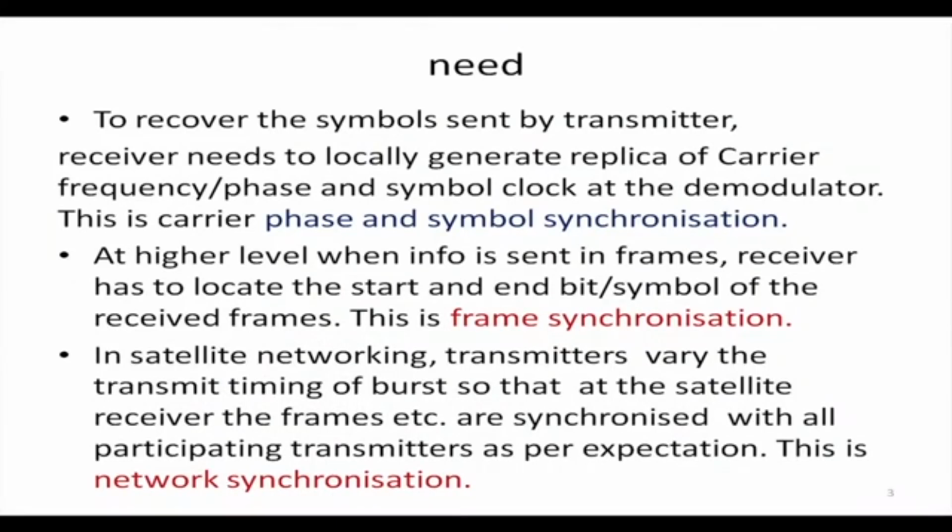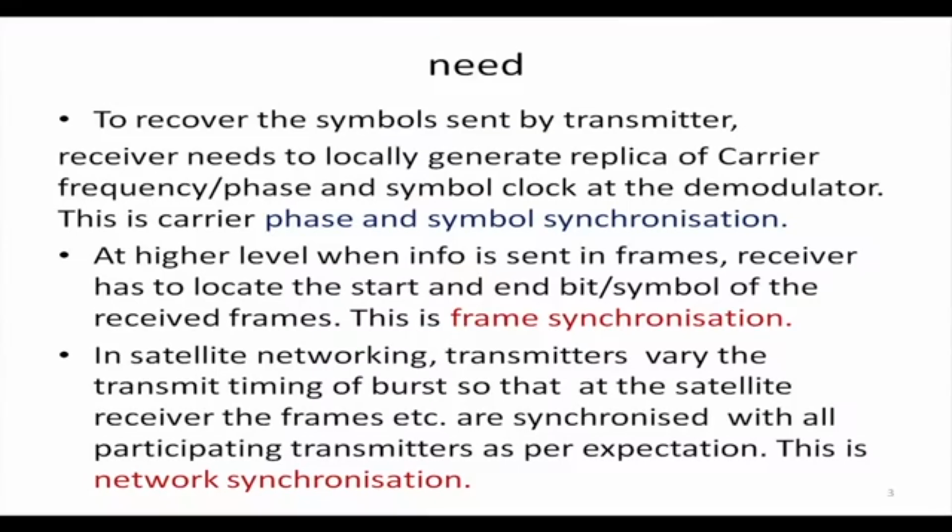These transmitters have to send their signals and they have to reach the receiver at the satellite, particularly in the case of time division multiple access, TDMA, in proper sequence as per the allotted burst sequence. Since many transmitters are trying to access this, we can call it network synchronization. We will discuss frame synchronization and network synchronization in subsequent periods.